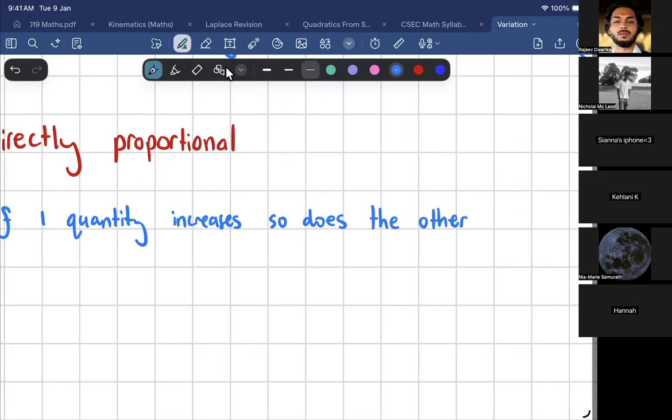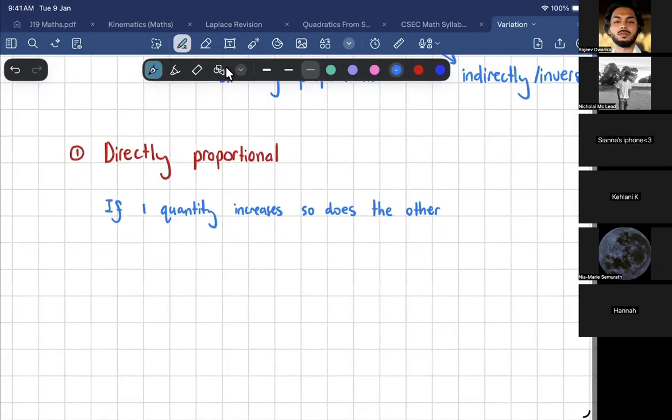But by how much? That's the question. And that would be represented by the constant K. So if one quantity increases, so does the other quantity.